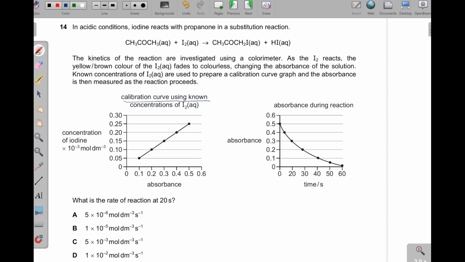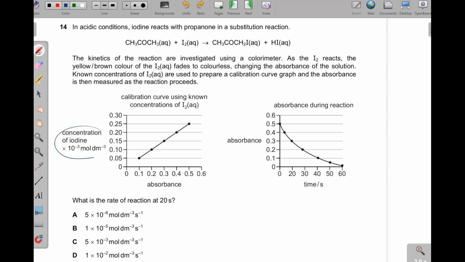Calibration curve using known concentrations of iodine, and then we have the absorbance here. So we have the concentration against the absorbance, and then absorbance against time. Now they are saying, what is the rate of the reaction? Remember, rate of reaction is equal to concentration out of the time.